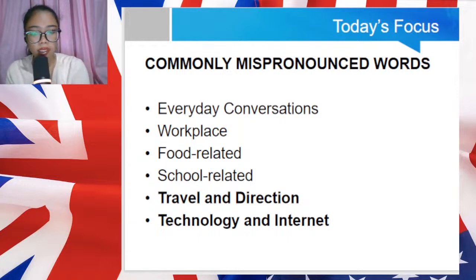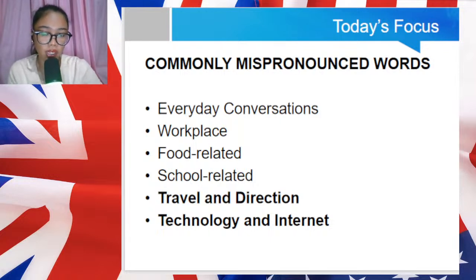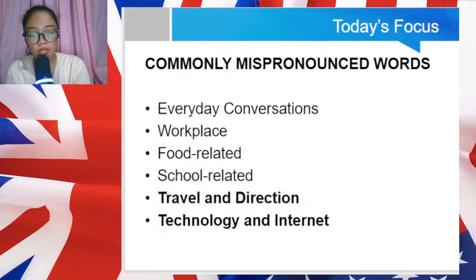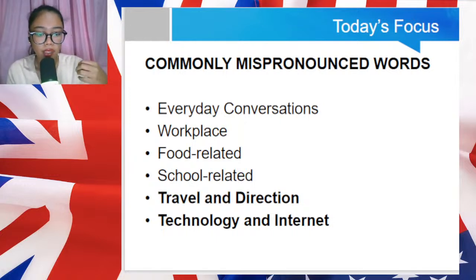But before that, just a reminder, clear and accurate pronunciation, as we know, really plays a vital role in effective communication. So we will explore again specific examples within each of these categories, and pay close attention to the correct pronunciations and understanding why these words often present challenges in pronouncing.